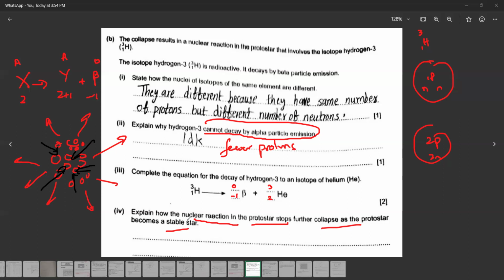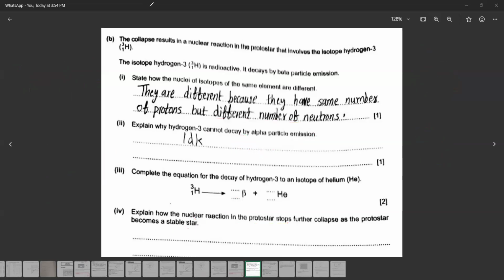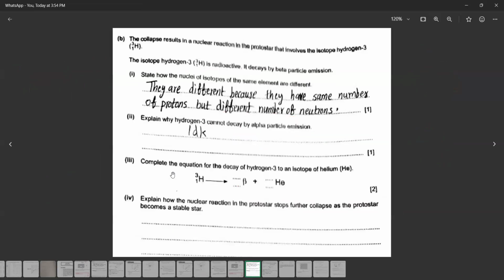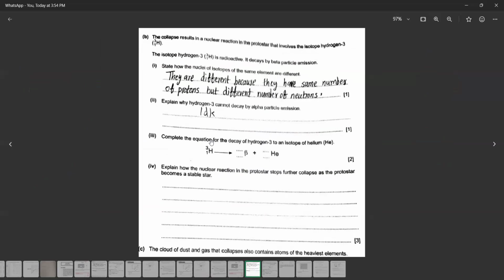So we want to mention how a nuclear reaction in a protostar stops the further collapse. How to structure the answer? You mention the nuclear fusion, or you can also say the hydrogen fusion.